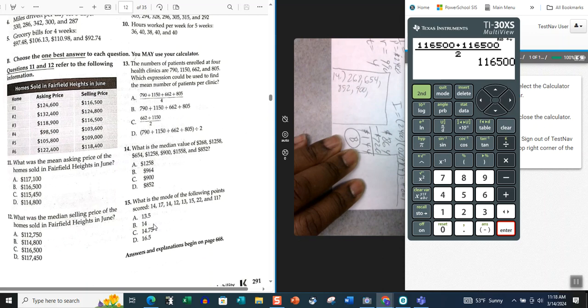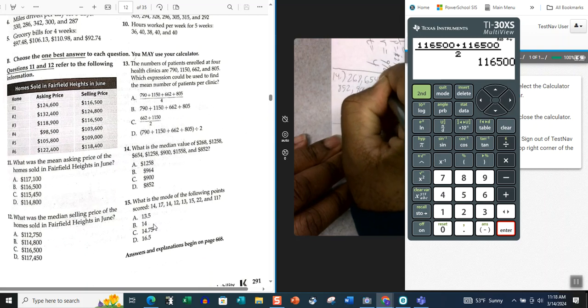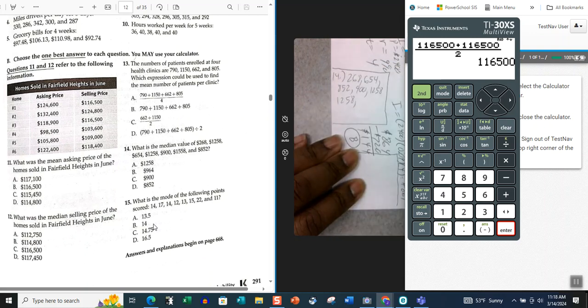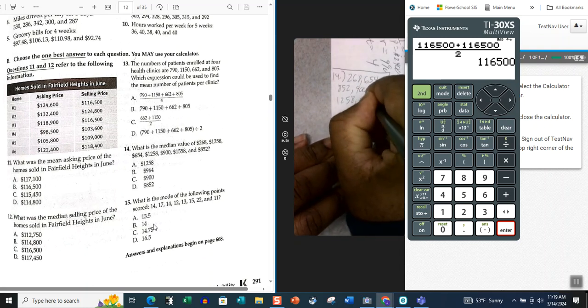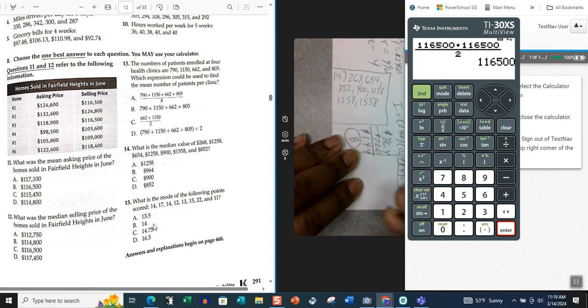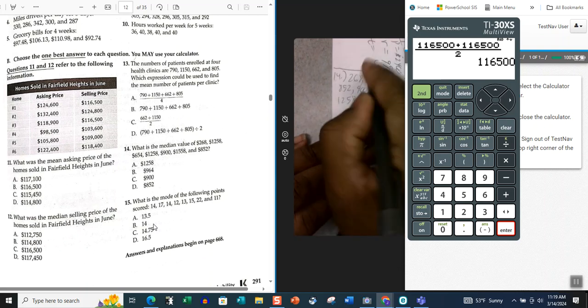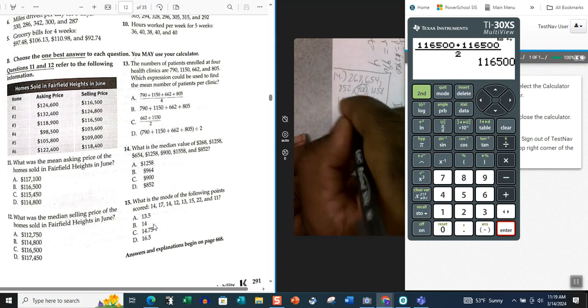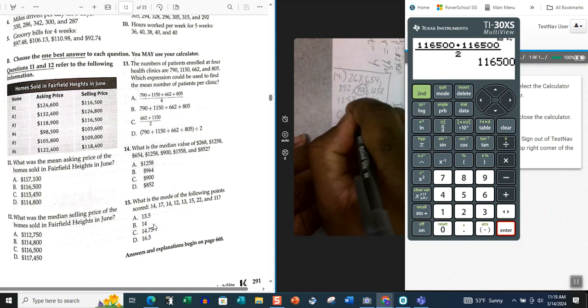Then 1258 twice. And then finally, 1558. So we count: 1, 2, 3, 4, 5, 6, 7 numbers. This makes it a lot easier because it's only 7 numbers. We pick the number in the middle, which is this 900. So our answer would be C, $900.